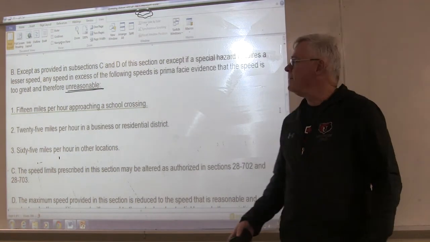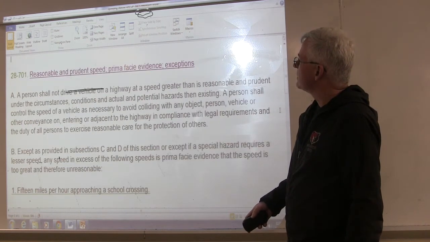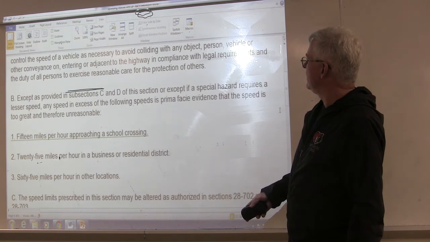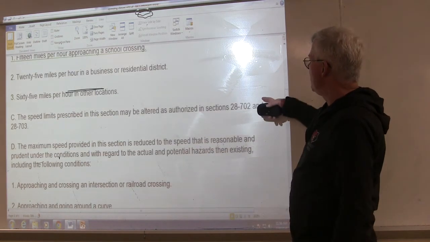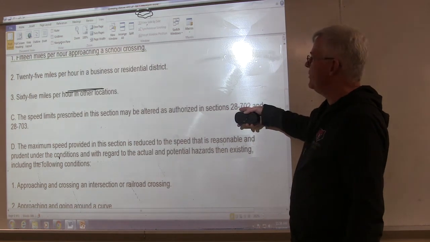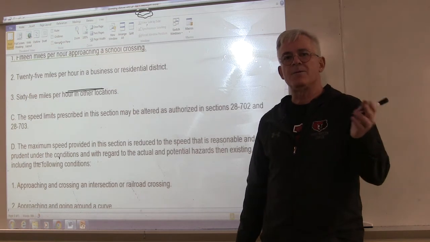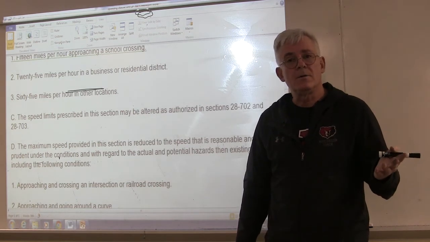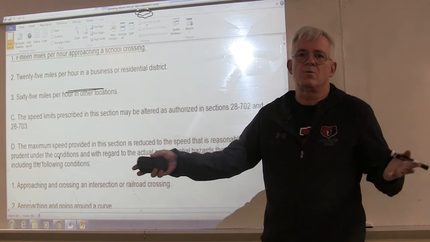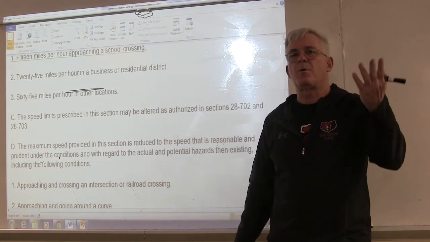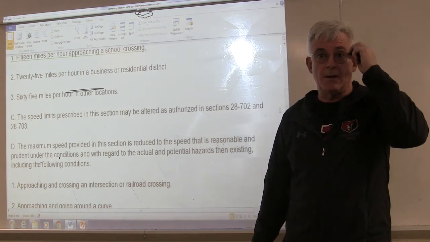Look at where speed limits come from. Remember, under C, 702 and 703 says the city and the state, what branch? The executive branch, right? Who designs and orders roadways? The Arizona Department of Transportation, or the Transportation Department within the city government.